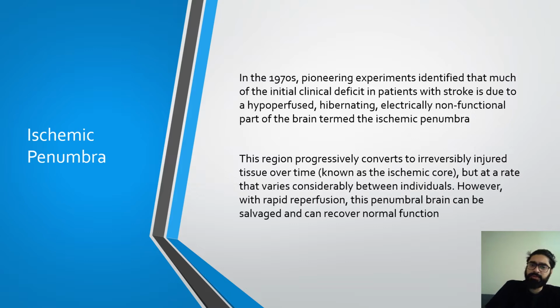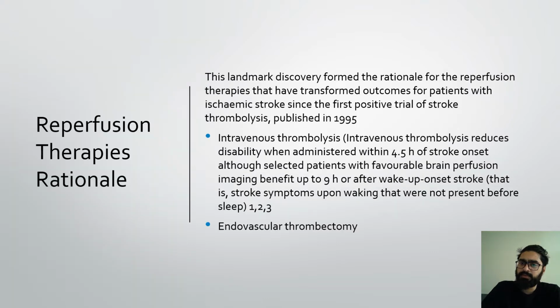However, with rapid reperfusion, this penumbral brain can be salvaged and can recover normal function. So the core concept of saving this salvageable tissue is the main principle guiding all these acute reperfusion therapies in the acute setting.